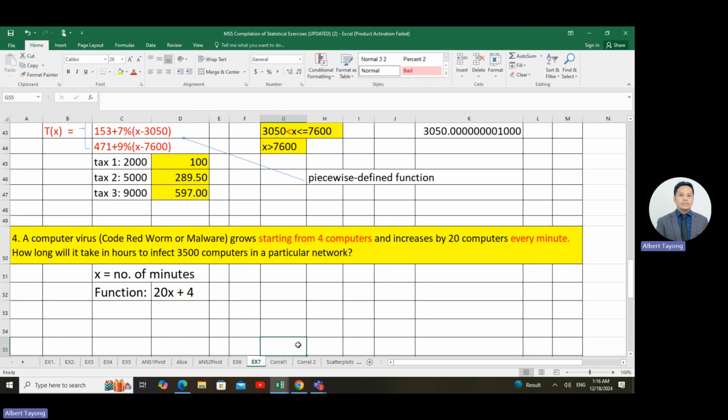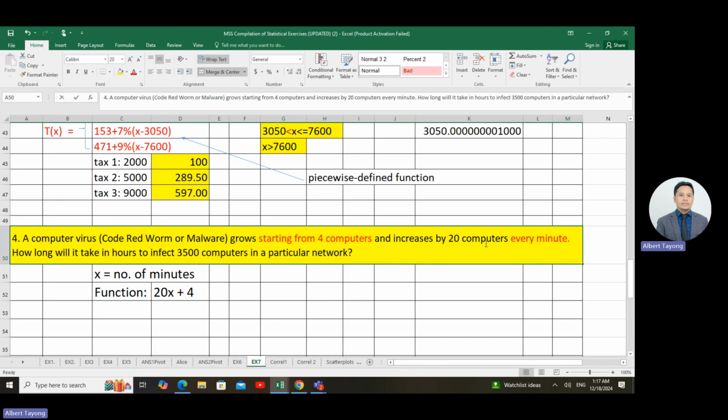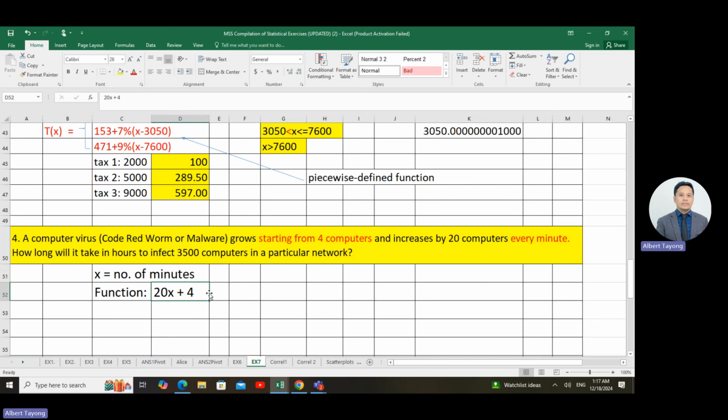Usually viruses will start from a certain number of computers and then it's going to spread like a wildfire. Even human viruses start with a few people and spread immediately. So we have 20 computers every minute, so 20x. Every here we're going to use multiplication. Plus 4, that is starting from 4.